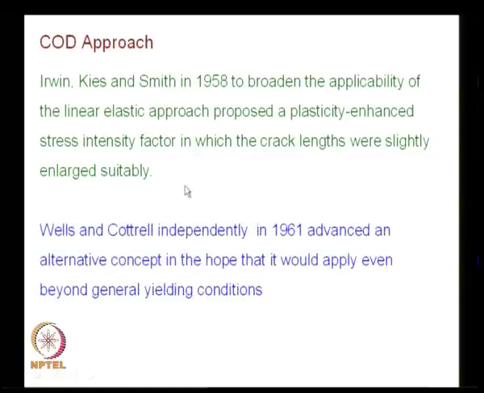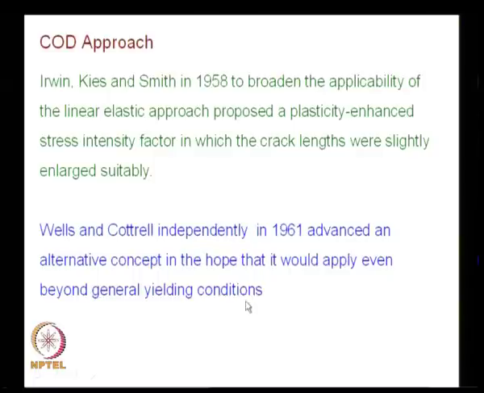Another kind of an approach was promoted by Wells and Cottrell. They have done it independently in 1961. They advanced an alternative concept in the hope that it would apply even beyond general yielding conditions.